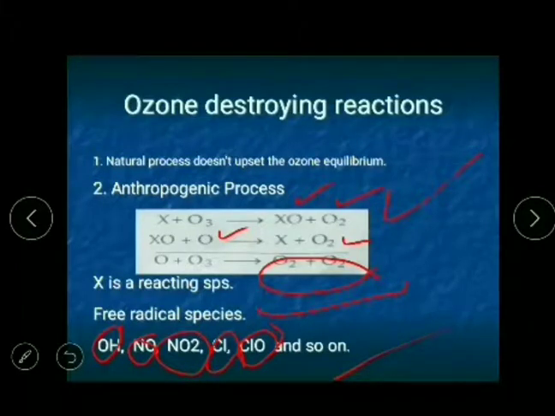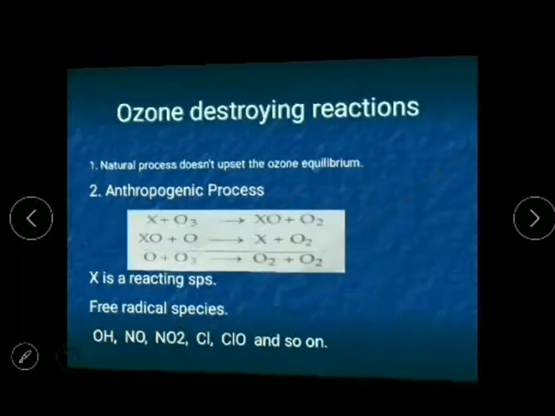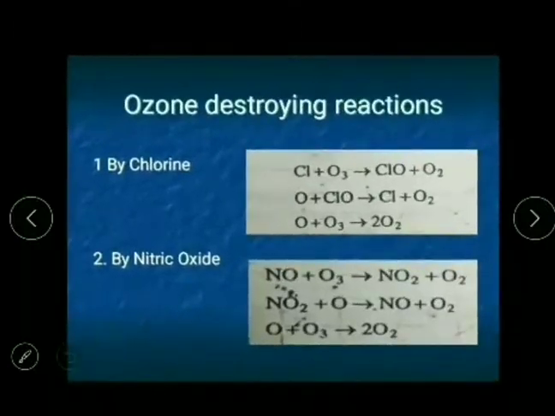These radicals are formed by photochemical reactions, as I have told you earlier. These reactions are also initiated by photochemical reactions. Okay, let us study the destruction of ozone by chlorine and then destruction of ozone by nitric oxide.